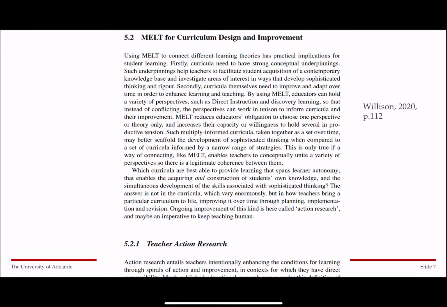And what I'm going to ask you to do is to read section 5.2, because that's about using the model for curriculum design and improvement, but specifically, as you'll see from 5.2.1, about teacher action research. So that's an emphasis in section 5.2, and that's why I'm going to get you to read that one.